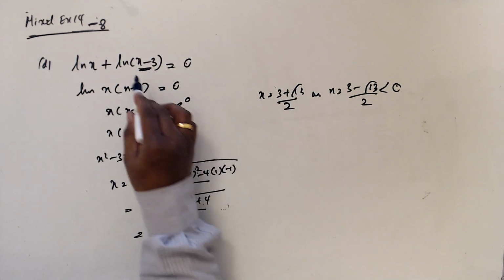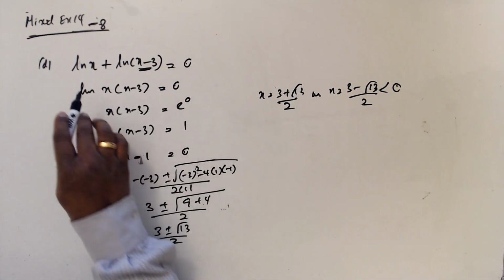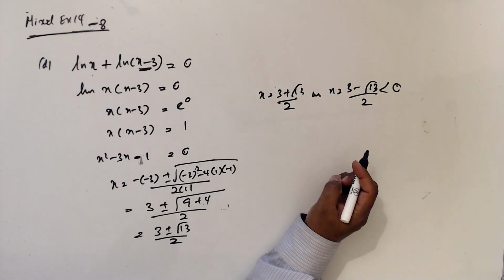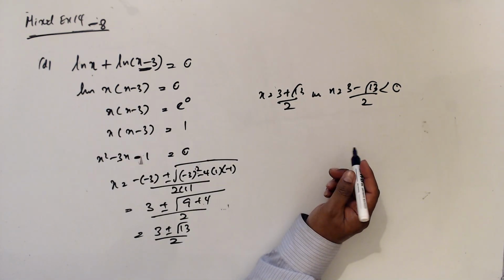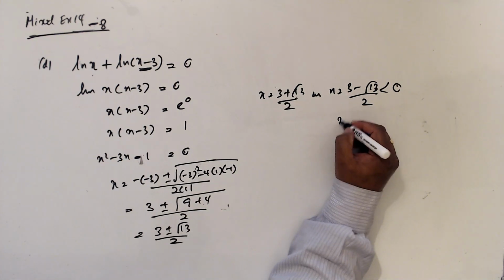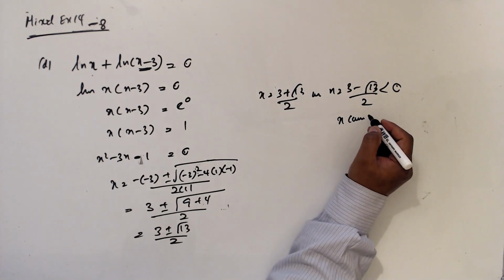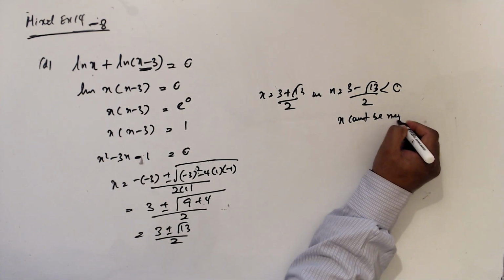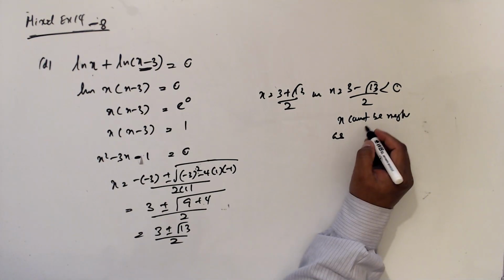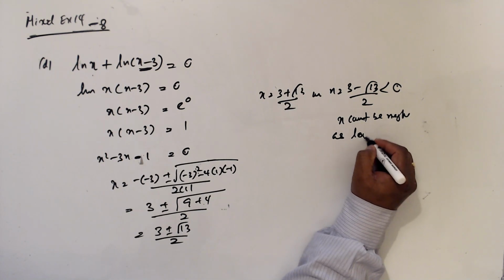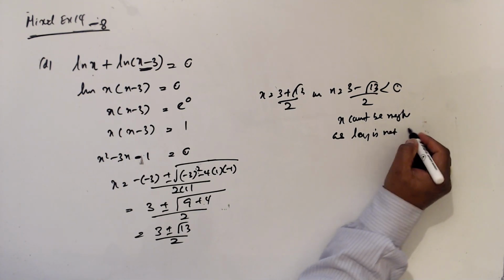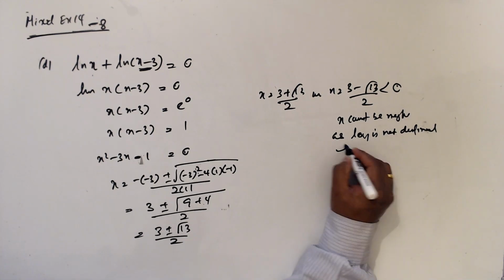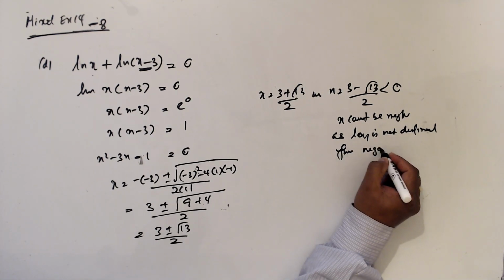Then this is going to be a negative one. This is also going to be a negative. Log is not defined for negatives. Hence x cannot be negative, as log is not defined for negatives.